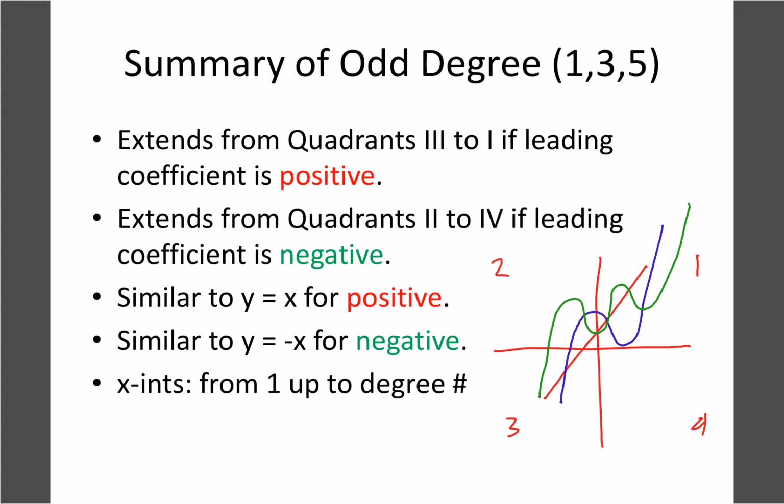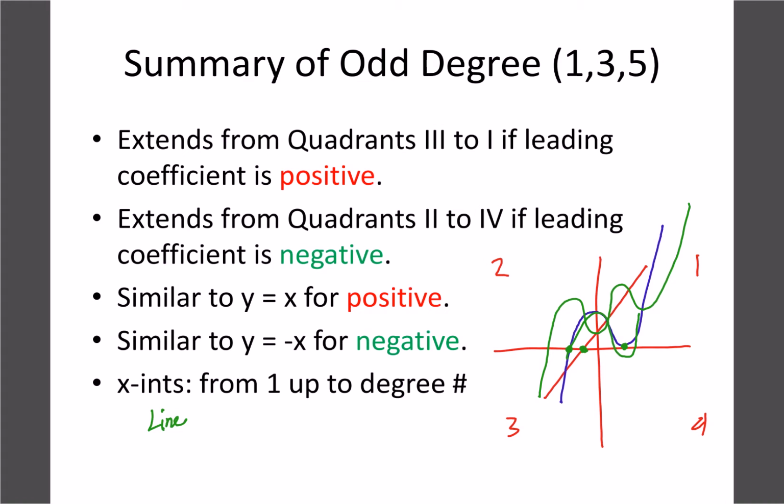Your number of x-intercepts, remember for the linear we got 1, because it's degree 1. For a cubic, we could have 1, or possibly 2 if it touched in one spot, or possibly 3 if this graph curved all the way down. So we could have 1, 2, or 3 for a cubic.